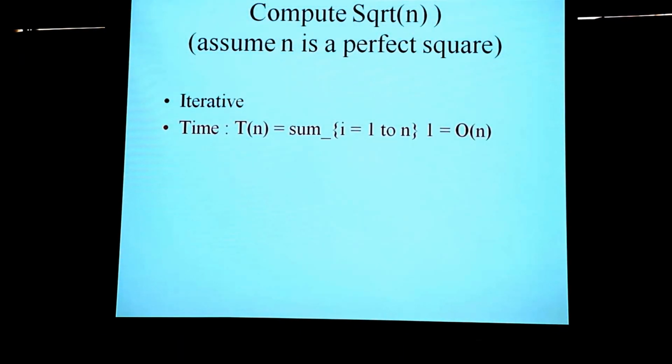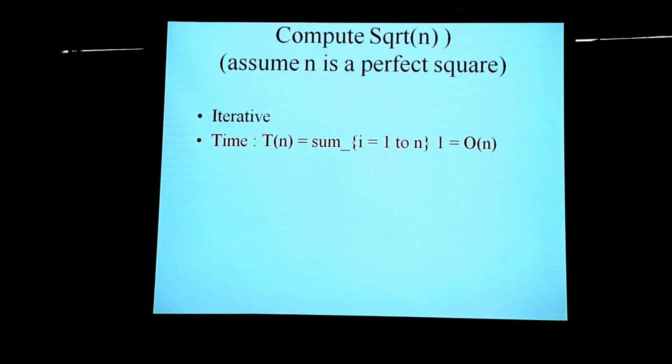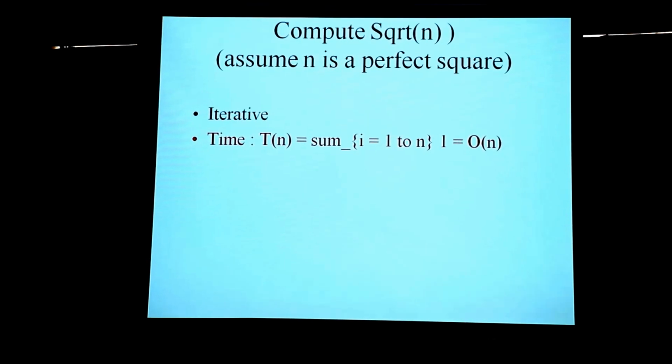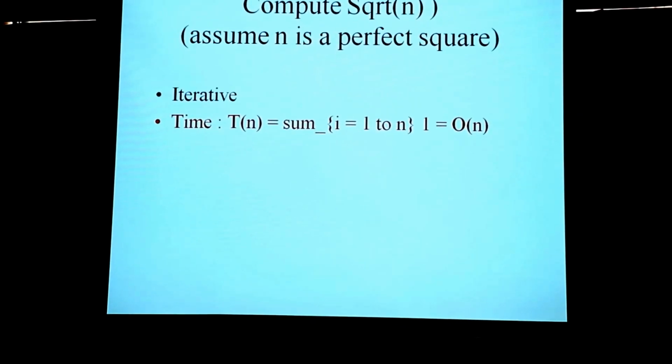Order n. So how do you analyze? In the ith iteration, so what is the algorithm? Let's say n or n by 2, whatever, it doesn't really matter. Don't compute the square, otherwise just say this.